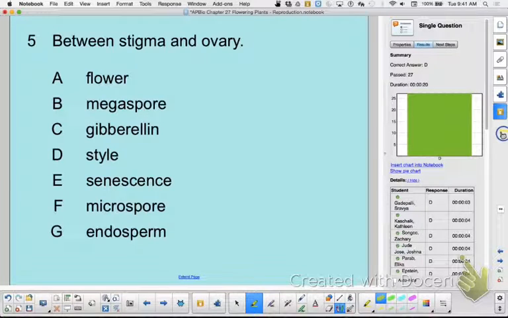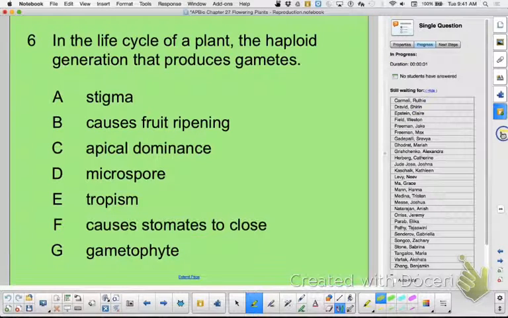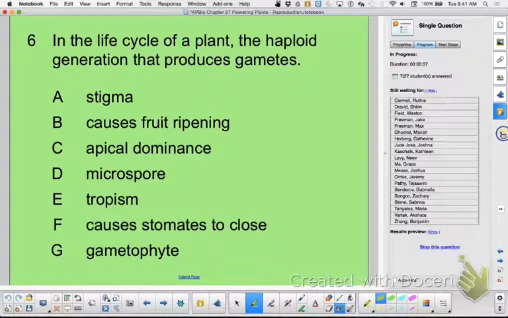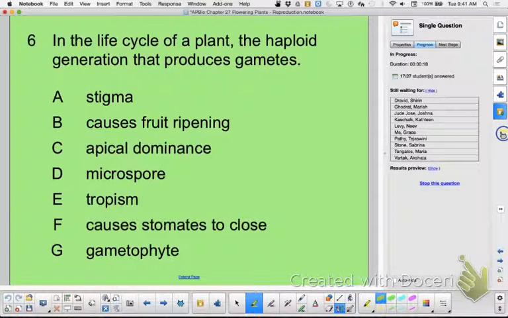Yay! Back to one. Yes, you were first again. How do you know? I thought you said Google dominance, not apical dominance. Google dominance.